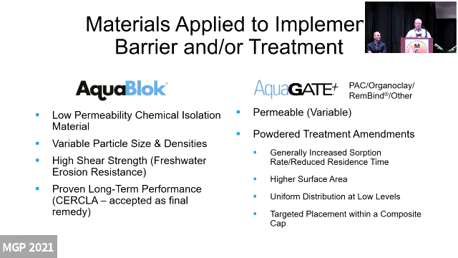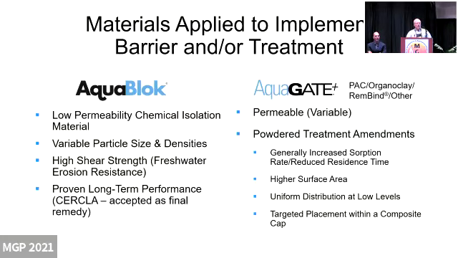But as it relates to the materials that we provide, we have two different groups of materials. We usually separate them into AquaBlock, which is our namesake product, but that's a low permeability, chemical isolation barrier type of material. The idea is it's going to stop migration of contaminants without also allowing water to flow.